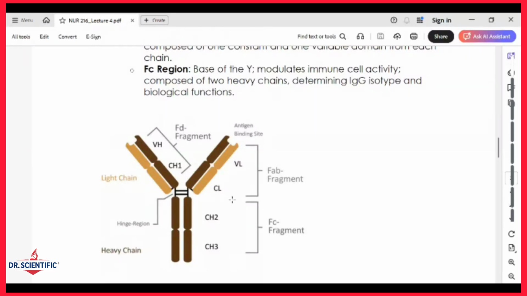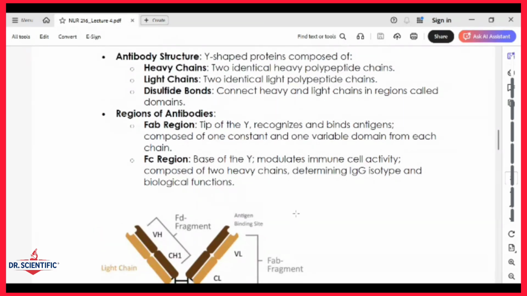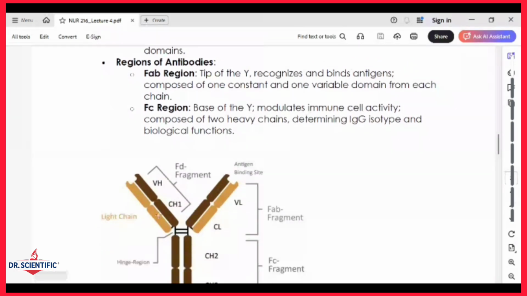So of course, we have one constant and one variable domain. If you see C, it means the constant domain. V means the variable domain. H means the heavy. L means the light. So you see, we have two light chains, and these two light chains are just present in the Fab region.